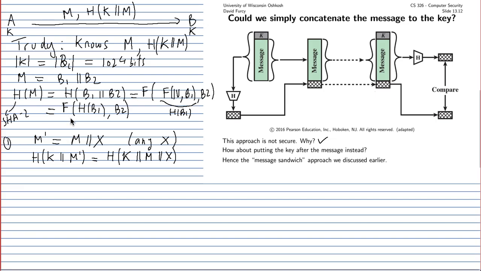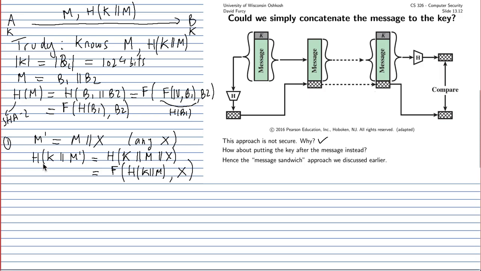Well, as we discussed right here, the hash code for such a long message would be the same as what you get by running f and applying it to first whatever you get by hashing this first message right here, which is K followed by M, and then as a second input, this block or message X. So that would be how Trudy could compute this hash code for a new message M prime.